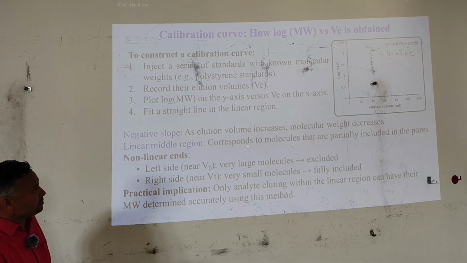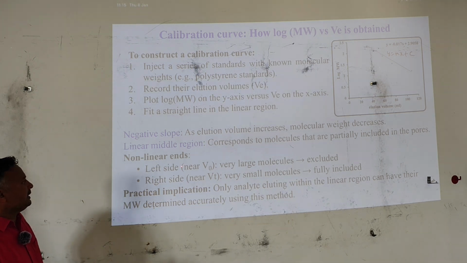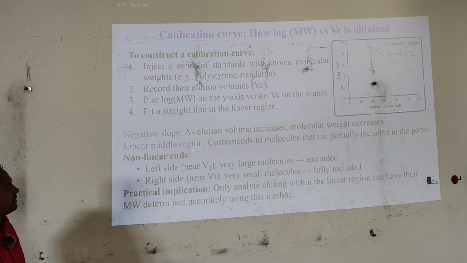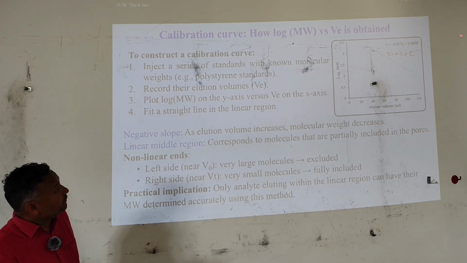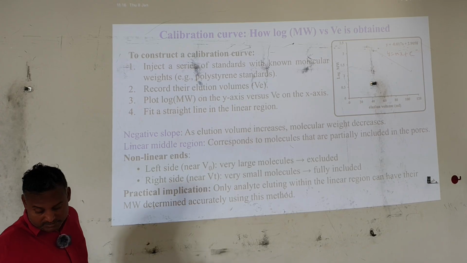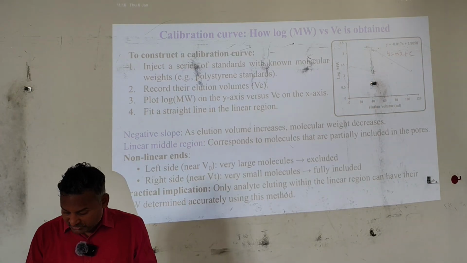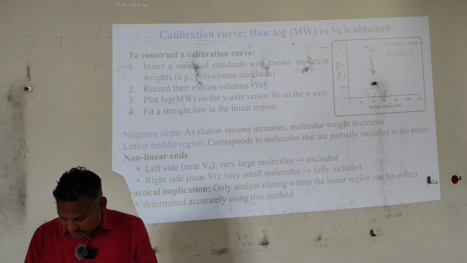The linear middle range corresponds to molecules that are partially included in the pores, that means here. Sometimes there will be non-linear ends, meaning there may be some deviation like this.